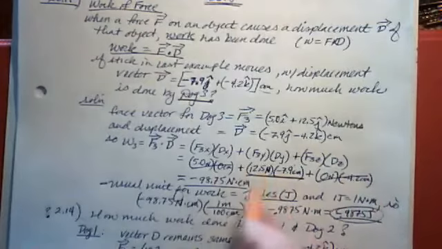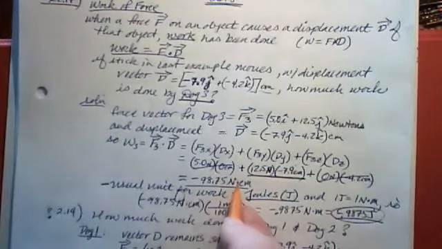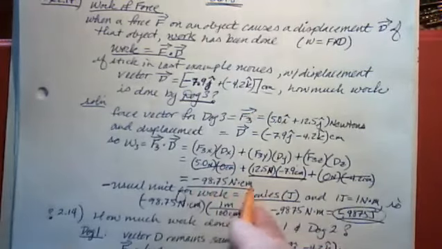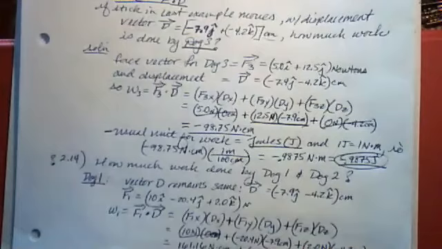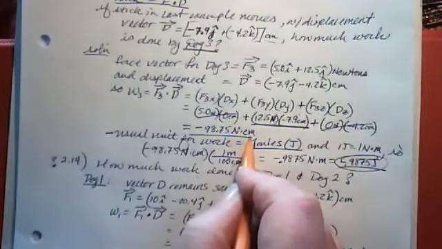When we multiply this out, we end up with negative 98.75 Newton times centimeters, or Newton centimeters for the units. That is a valid unit for work. The units for work are units of force and distance.